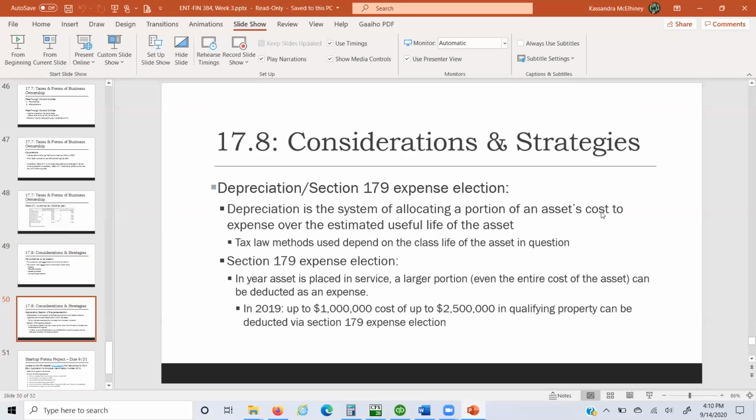More considerations and strategies. The main one really hinges on what's called the 179 expense election. And that involves depreciating fixed assets. So what is depreciation? I don't believe this definition was in the book, but it's a systematic allocation of a portion of an asset's cost to expense over the estimated useful life of an asset. So tax law methods generally do differ from book methods.